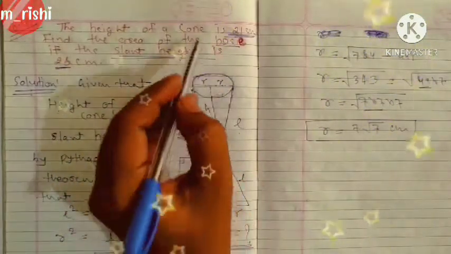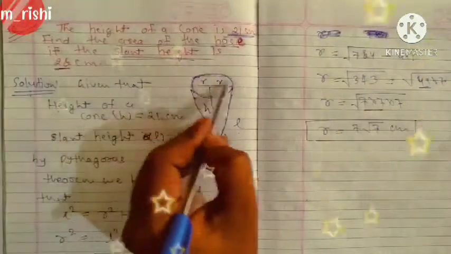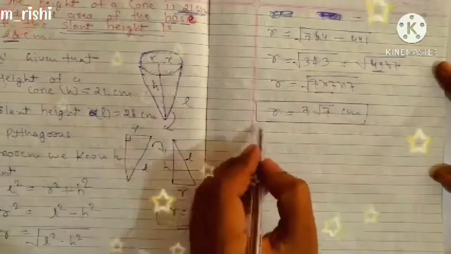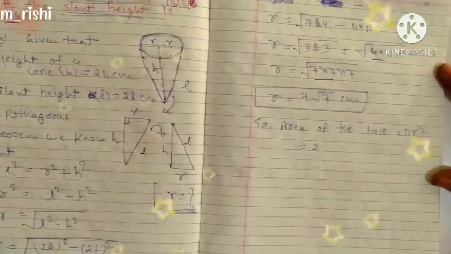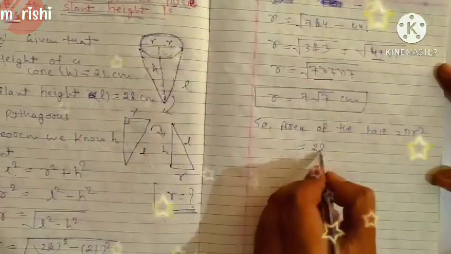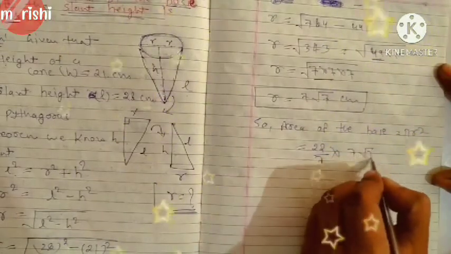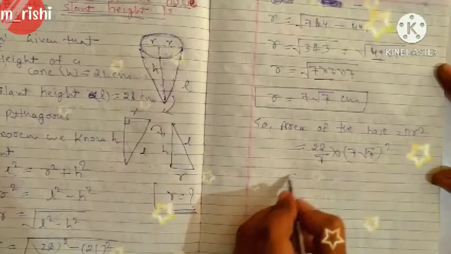Now last, find the area of the base. This circle, area of the base equal to pi r square. Put the value of r. What is the value of r? 7 under root of 7 whole square.